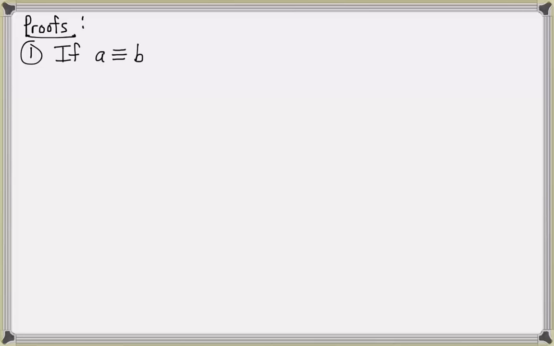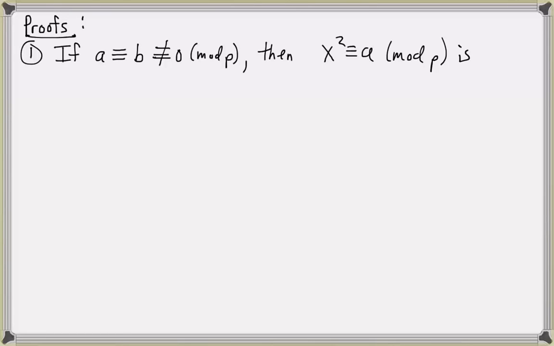So if A is congruent to B, and they're both not congruent to 0 mod P, then we see that if x squared congruent to A mod P is solvable, then clearly x squared congruent to B mod P is solvable.